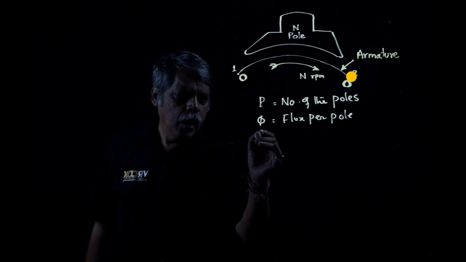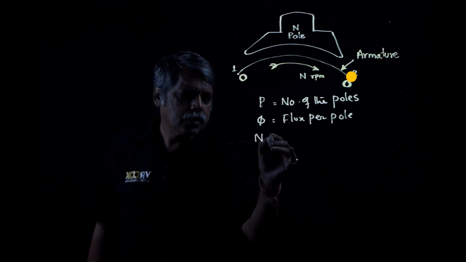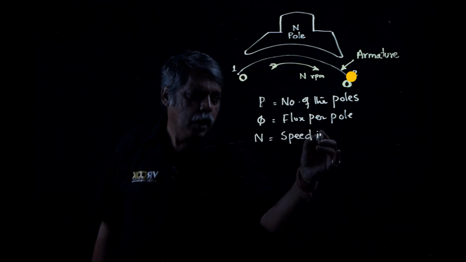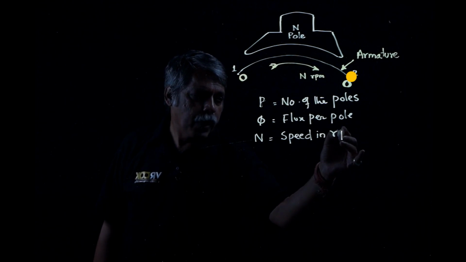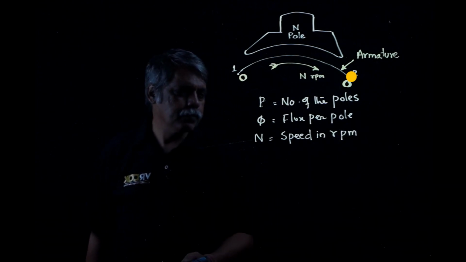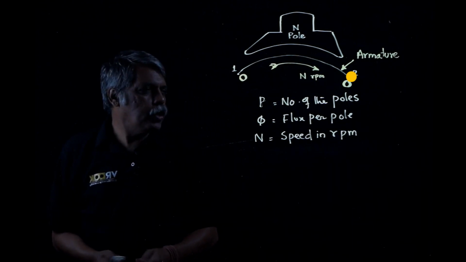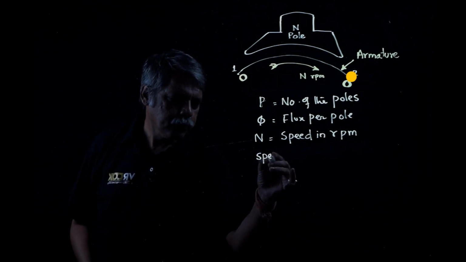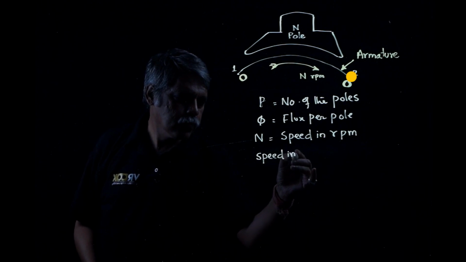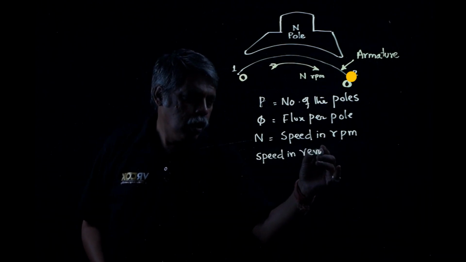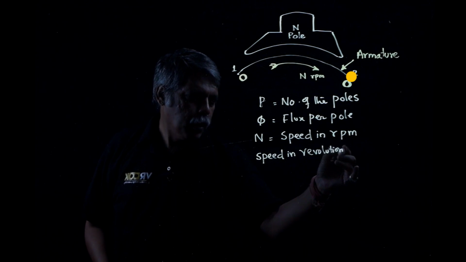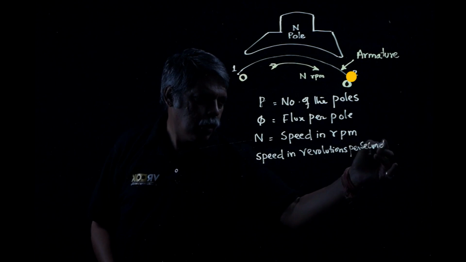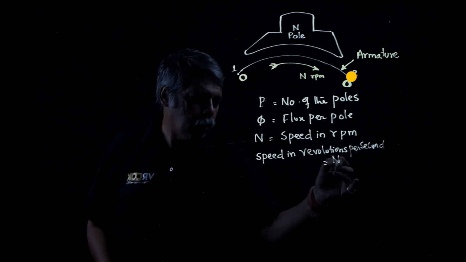Let us say N is the speed in revolutions per minute. The speed in revolutions per second will be N upon 60.